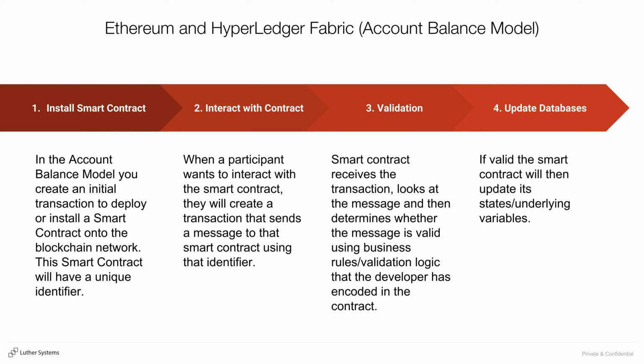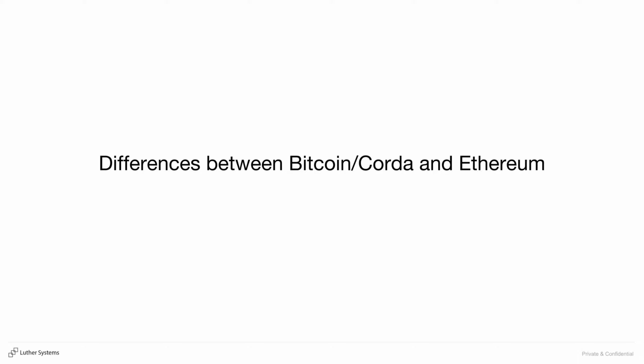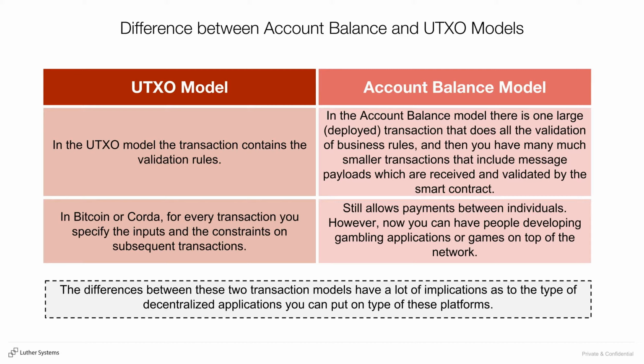So the smart contract has a number of variables, and it has history, and it will update those variables and update the history if the transaction is determined to be valid, where all the rules are encoded in that smart contract. So each subsequent transaction that a participant creates, the transaction message, is very different from the UTXO model, because the transaction doesn't contain the validation rules.